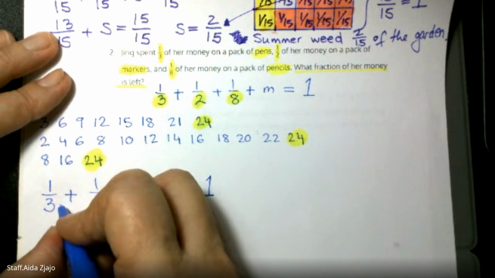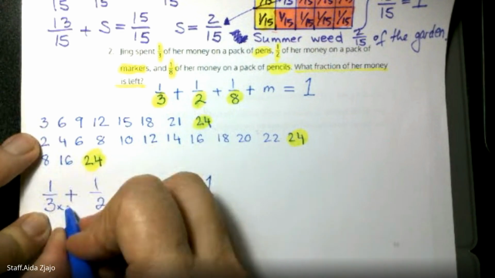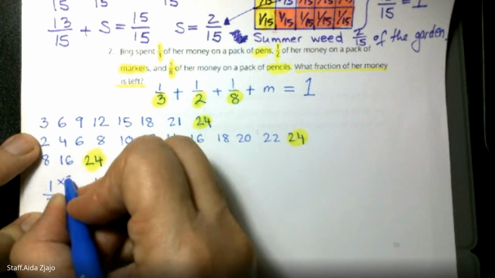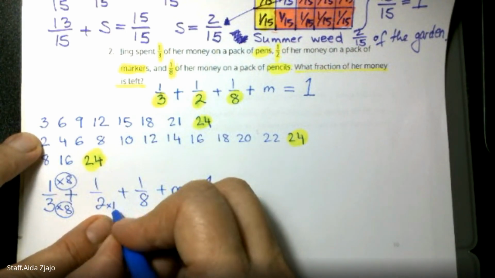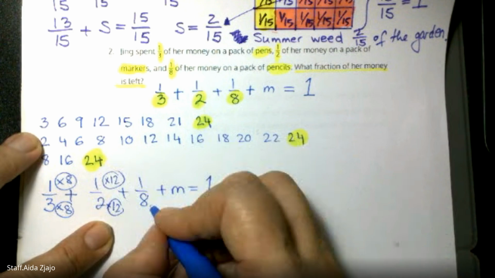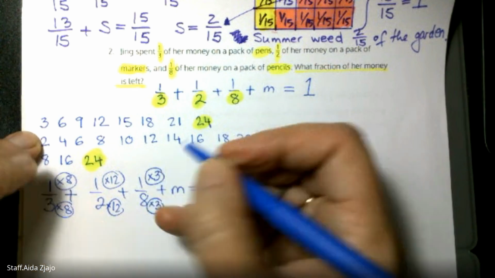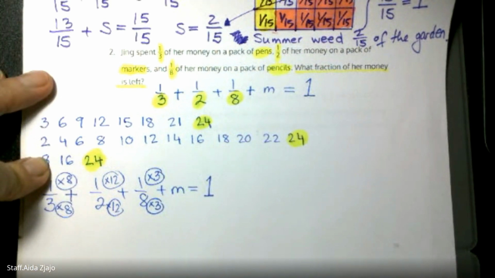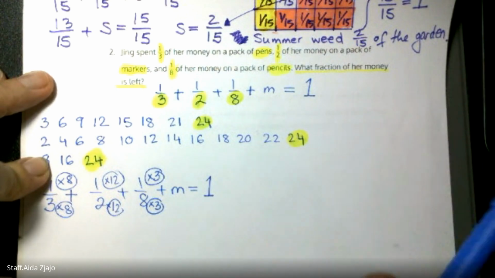Okay, so 3 times 8 is 24. 2 times 12 is 24. 8 times 3 is 24. And the whole is 24.